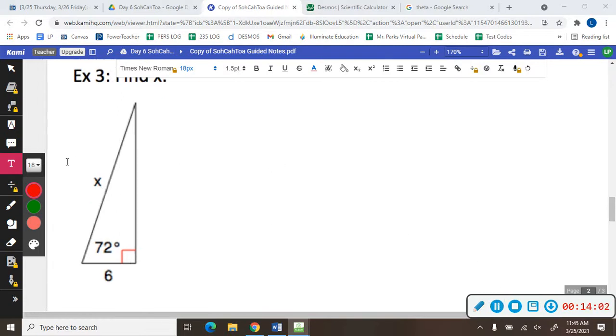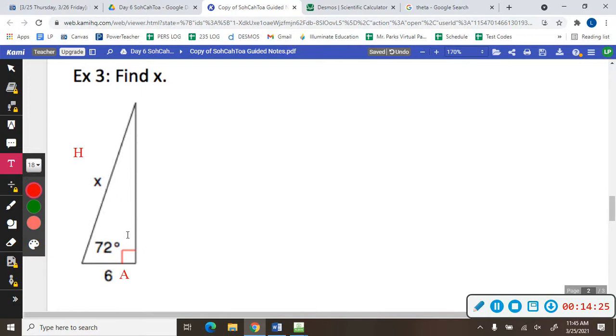Alright, let's see what we have here. That's the hypotenuse. Here's my reference angle. This is going to be adjacent. That's going to be opposite. Now, I don't need opposite because they want me to find hypotenuse and they tell me adjacent. So I'm going to delete opposite.